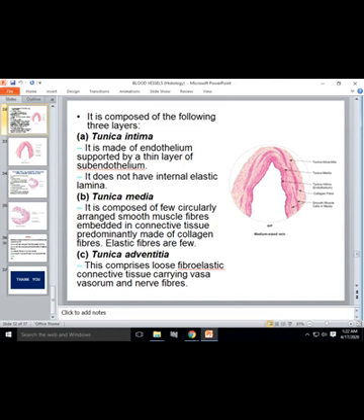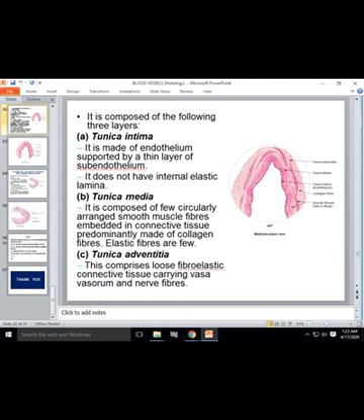Now we see the tunica intima. It is made up of endothelium, supported by a thin layer of subendothelium, and it does not have an internal elastic lamina. If we see the tunica media, it is composed of few circularly arranged smooth muscle fibers embedded in connective tissue, predominantly made up of collagen fibers.